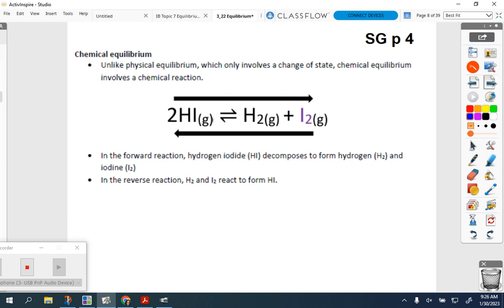In this case, we've got decomposition of hydrogen iodide as the forward reaction, and the synthesis of hydrogen iodide as the reverse reaction. And this is a reversible reaction, and we can look at the rates of reaction on a graph to figure out where the equilibrium is.